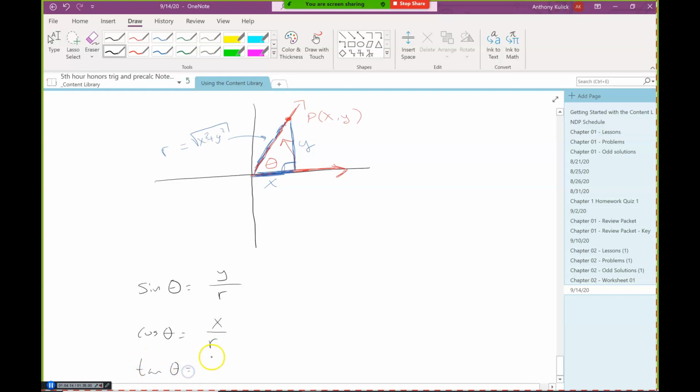Tangent theta is opposite, which is y, over adjacent, which is x. Cosecant theta is hypotenuse, r, over opposite, y. Secant theta is hypotenuse, r, over the adjacent, x. And cotangent theta is adjacent, x, over opposite, y.